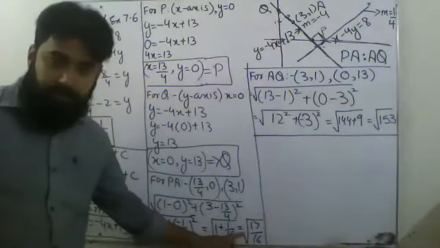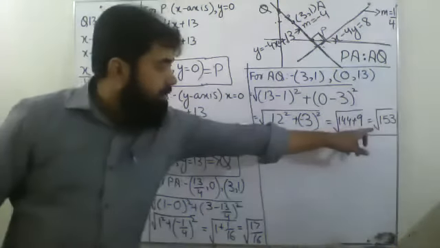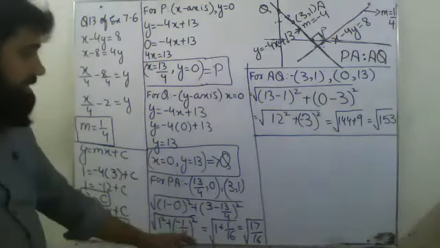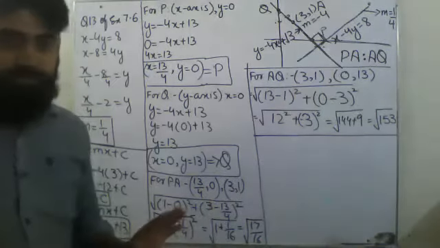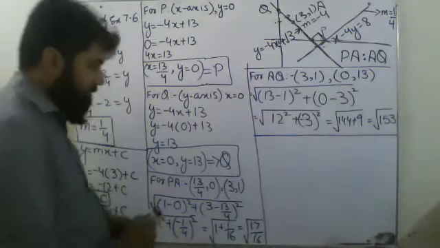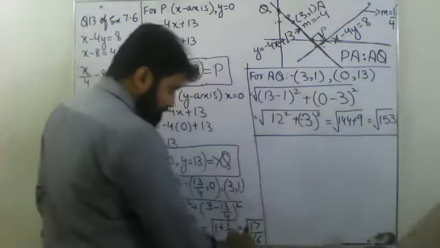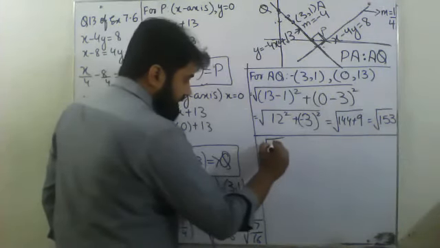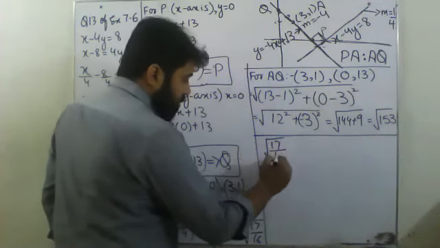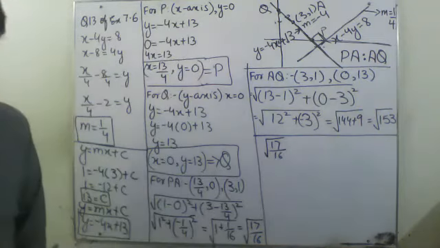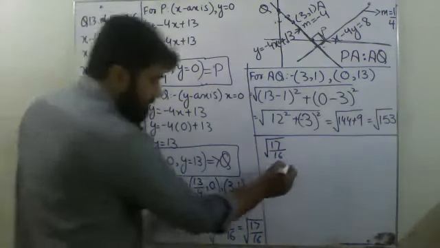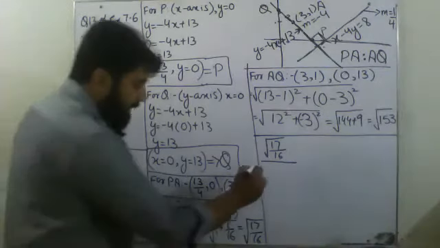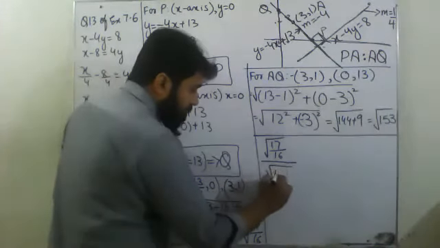Okay, so I have got PA over here and I have got AQ over here. Now what are they saying? They are saying take their ratio. So what will I do? First of all, PA under root 17 over 16, divided by under root 153.